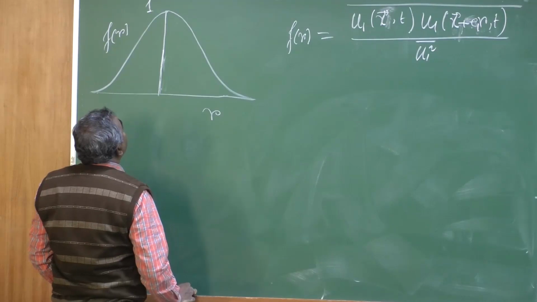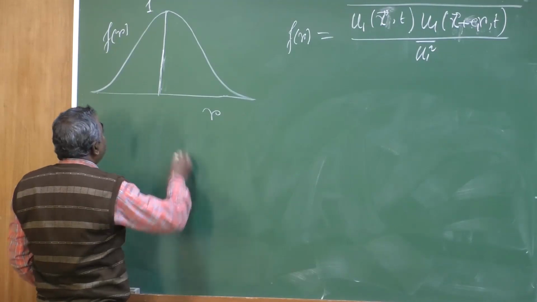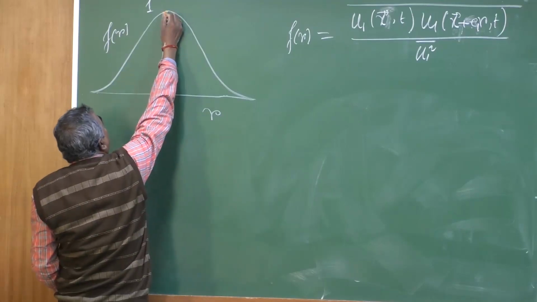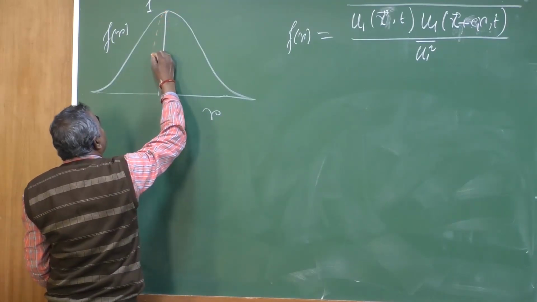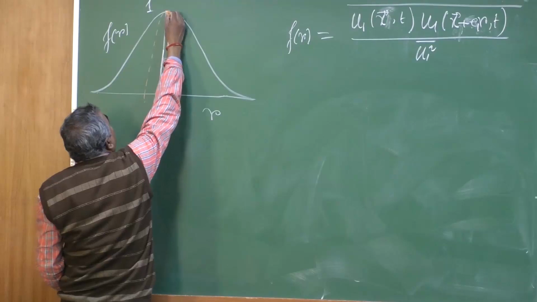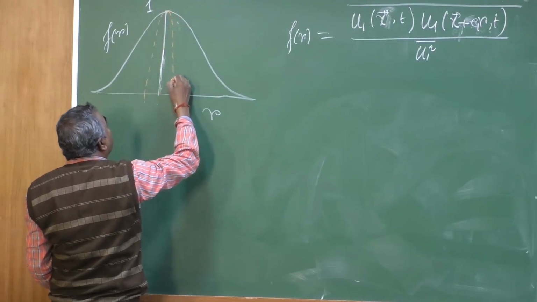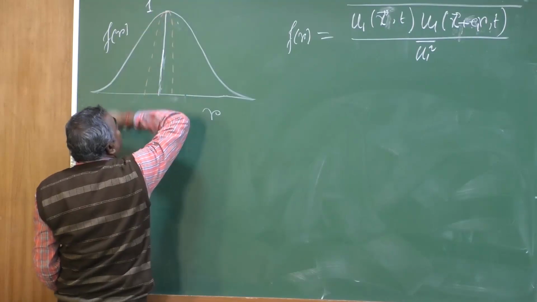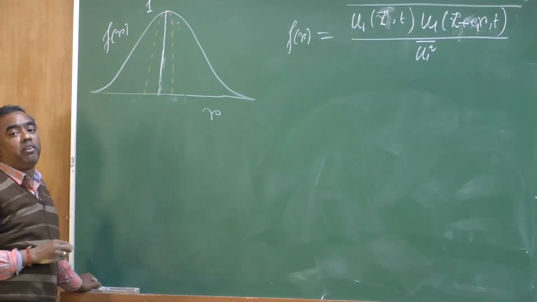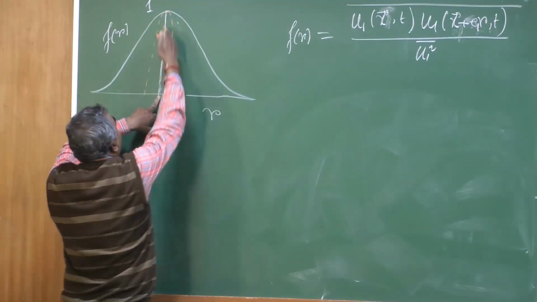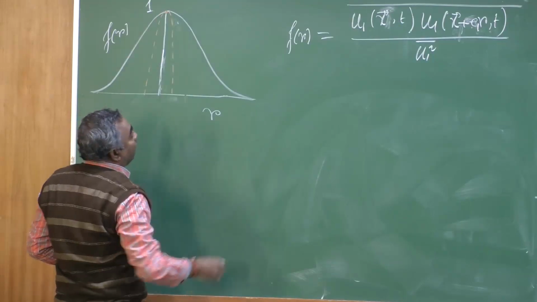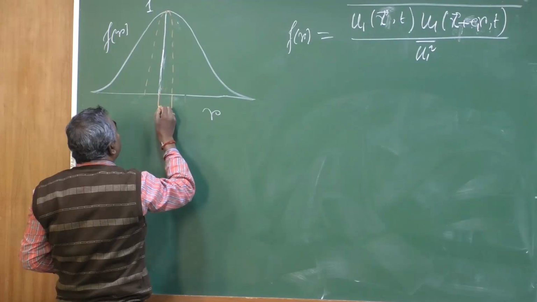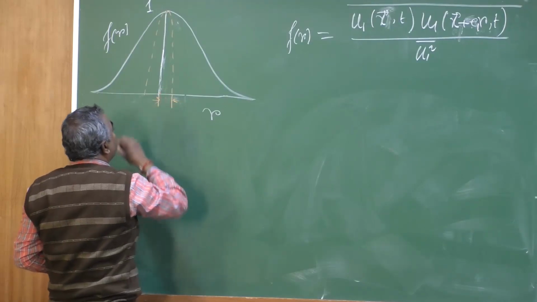Now you see what we are looking for. If we would like to fit a parabola around this, the parabola will come like this. So, what are we doing here? We are trying to fit a parabola around this point, at r equal to 0, and we are trying to find the length of this parabola.